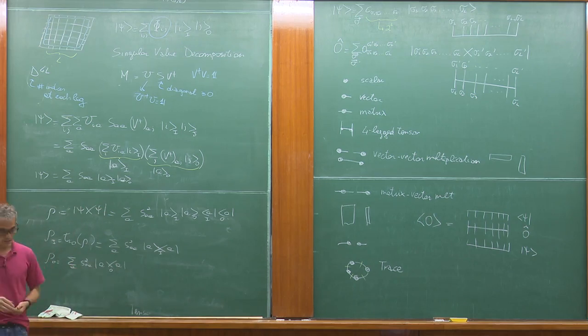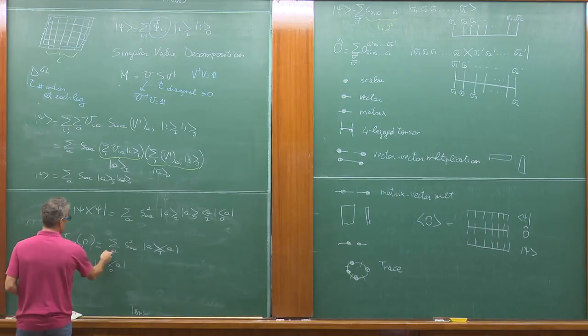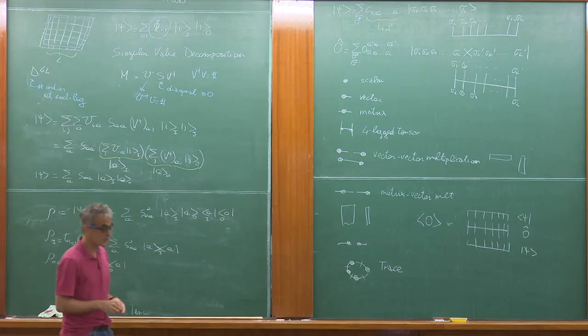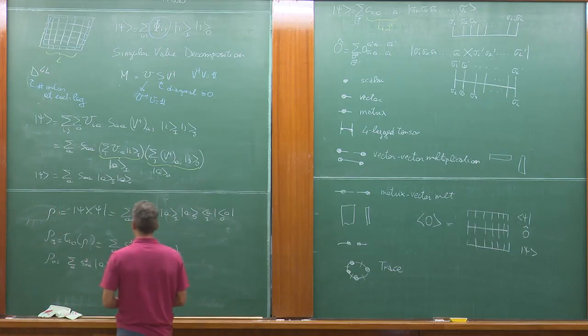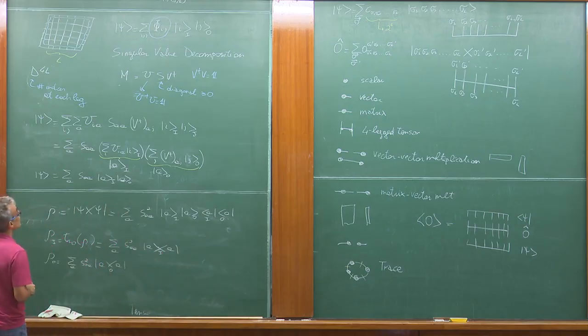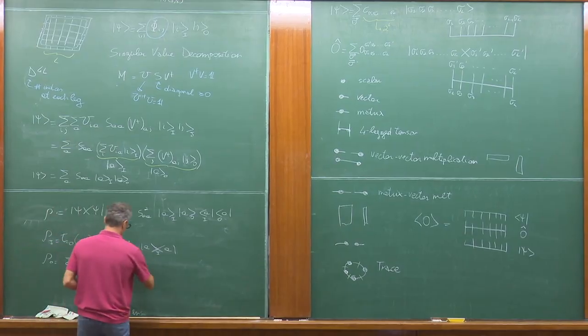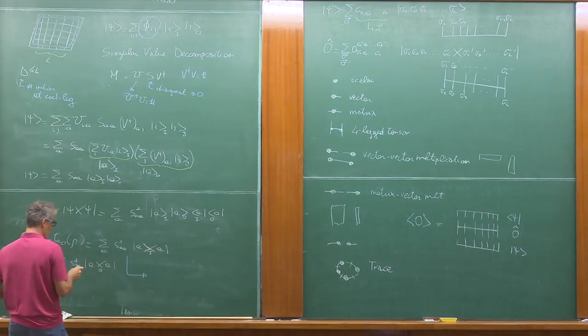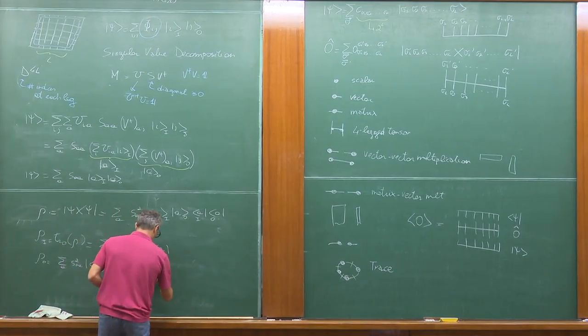Okay, so how many of these indices are you going to have? Since we started from a matrix over there, psi ij, which had 4L, the rank of this matrix at most is going to be d to the 4L.